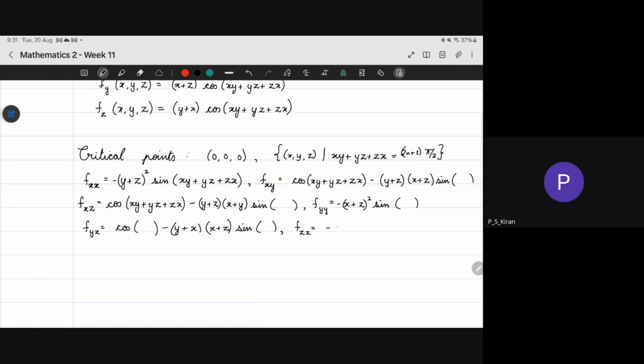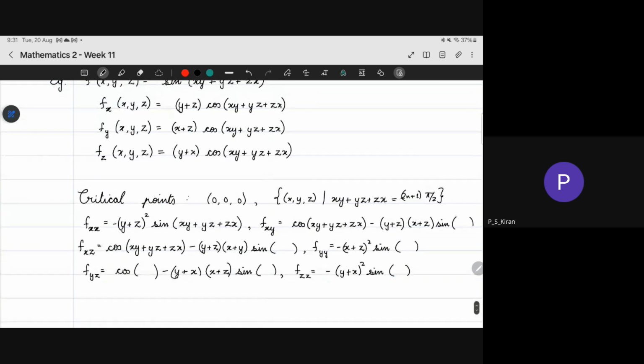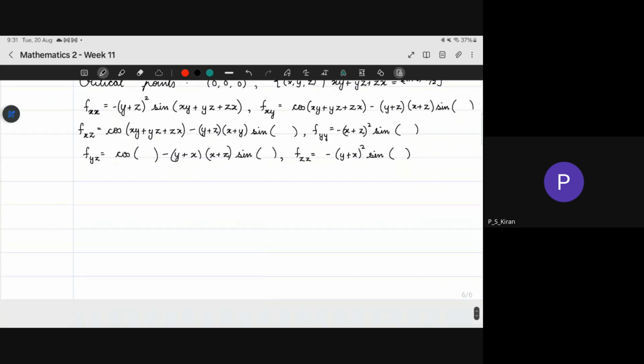And the final thing is sine of that expression. Wherever the brackets have not been completed, it's xy plus yz plus zx.